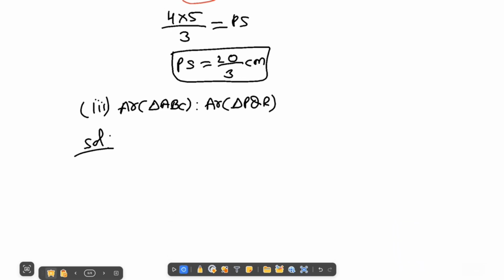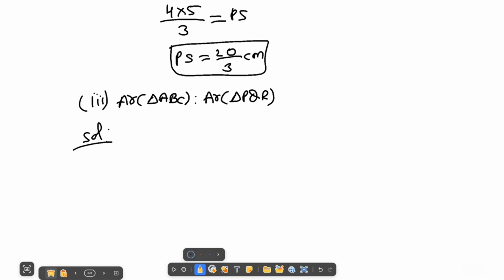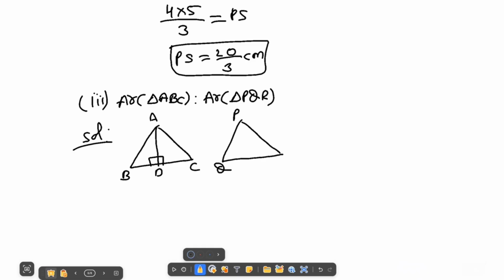Let's redraw the triangles here. Triangle ABC, and this is AD. Triangle PQR, and this is PS. Now AD is 4, and PS we already found, 20 by 3.